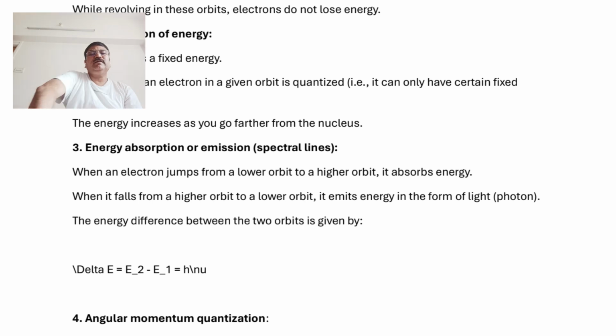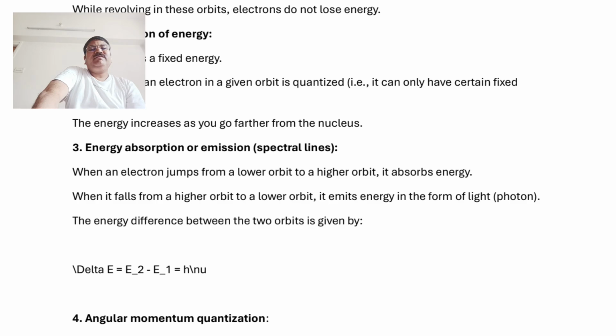So, the third important postulate of Bohr's theory is the absorption of energy from lower energy level to higher energy level orbit. Hence, when it falls from higher energy level orbit to lower energy orbit, the process of emission takes place, and this process of emission always generates another type of spectral lines known as emission spectral lines.